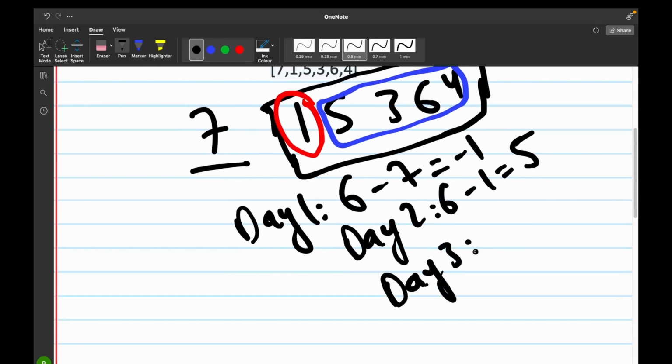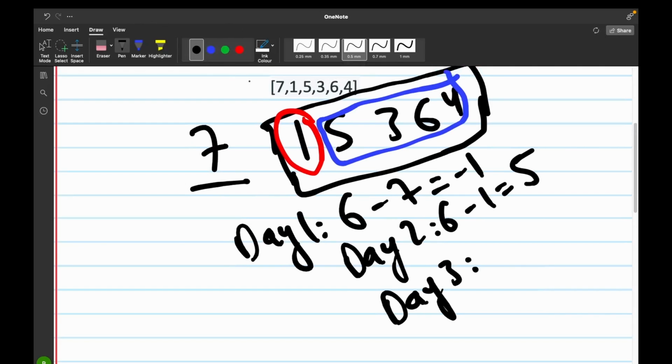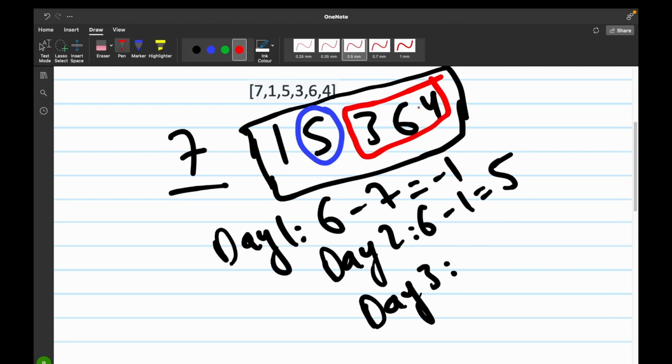Now we take day 3. Now for day 3, the maximum price that we can get from other days is 6 again, so the profit that we can earn from the other days is 6 minus 5, that is equals to 1.